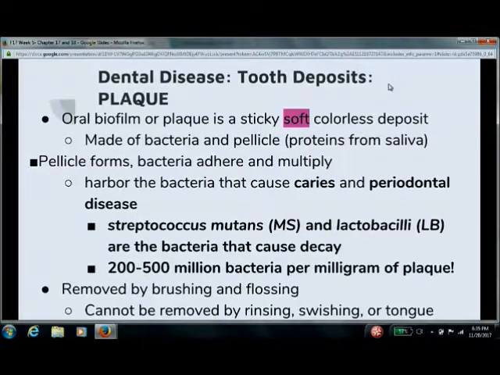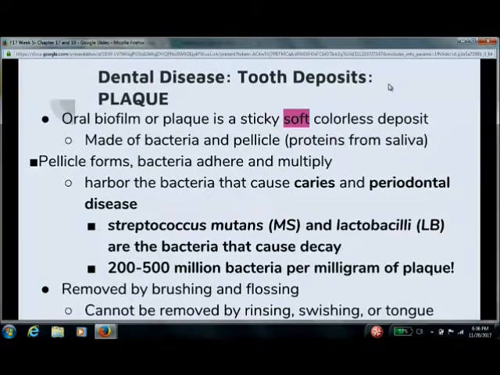So the plaque that harbors the bacteria that cause caries and periodontal disease are the most detrimental, or the worst for our mouth. So the two bacteria, and we met these a few weeks ago, Strep mutans and Lactobacilli, are the two bacteria that cause decay. And there are about 200 to 500 million of these bacteria per milligram of plaque.